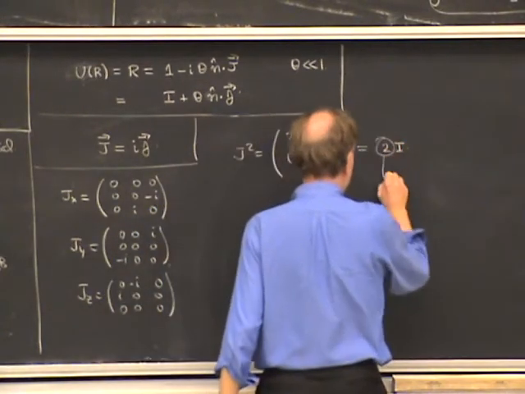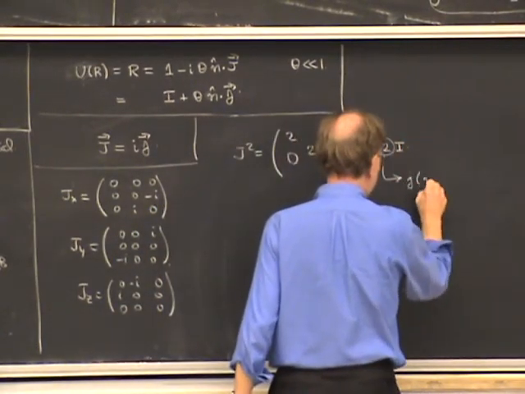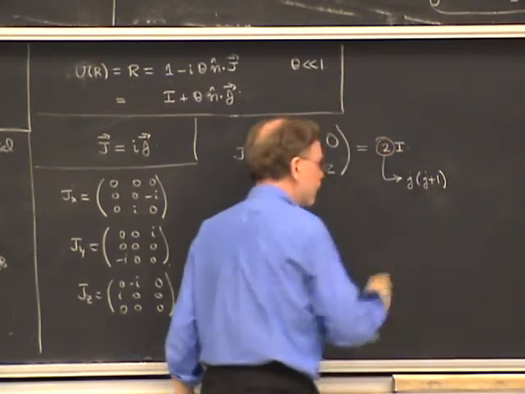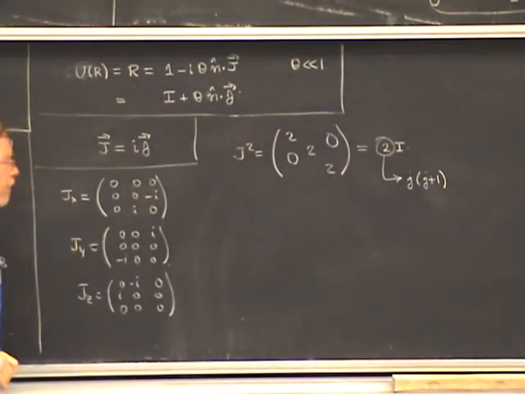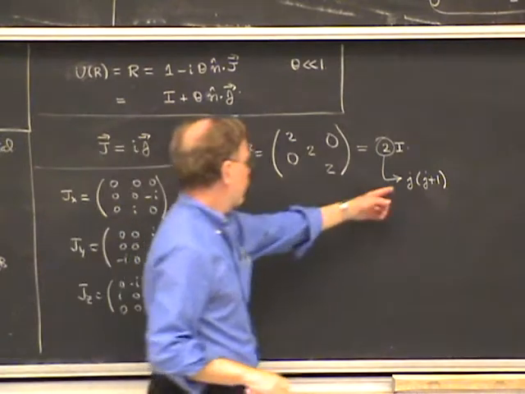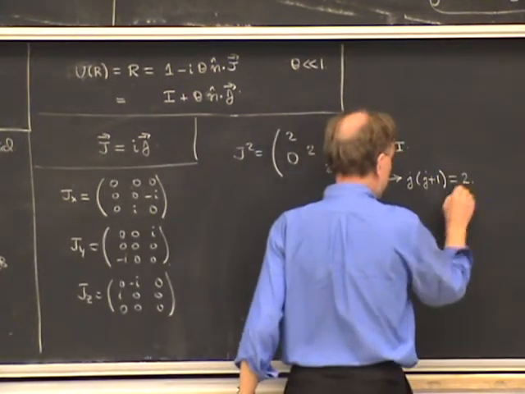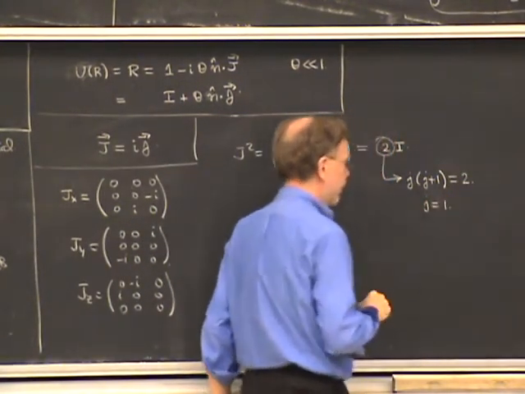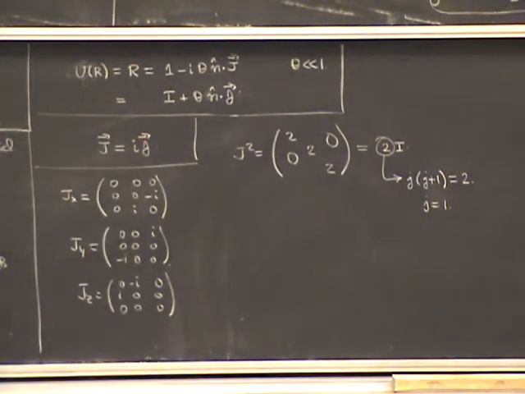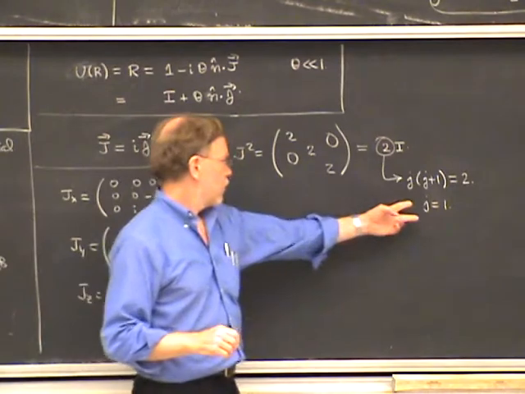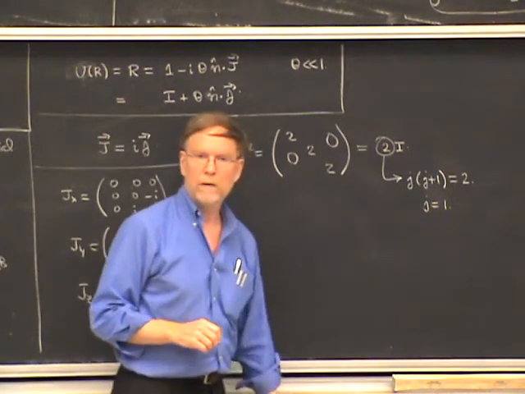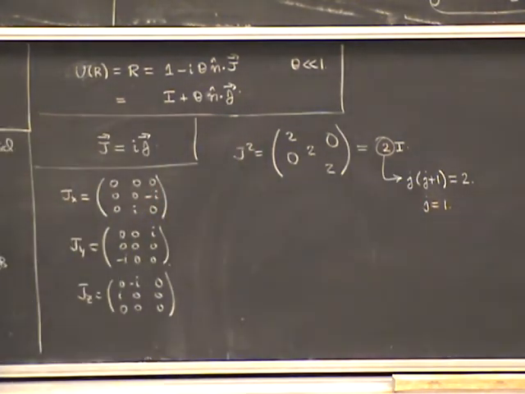However, we know the eigenvalues of J squared have to have the form J times J plus 1, where J is an integer or a half integer. And if J times J plus 1 is equal to 2, it follows that J is equal to 1. And so ordinary three-dimensional physical space is a J equals 1 space in terms of how it transforms under rotations.